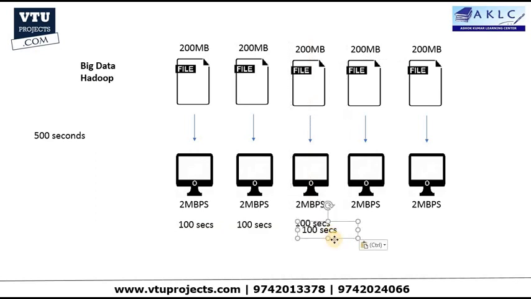What you have to note is that all the laptops will be working in parallel because they are independent of each other. So the overall time taken is just 100 seconds. Originally we had 500 seconds, but now we have reduced the time taken to 100 seconds. This is the basic idea behind the working of Hadoop.